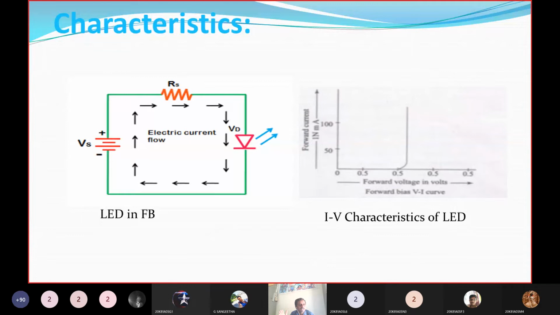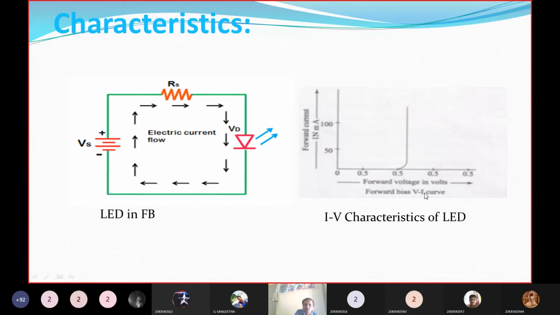So for reducing that overflow of current, we use a resistor here. That resistor is connected in series. Now this is the forward bias of the LED. In forward bias, what happens? This is the IV characteristic curve of the LED.